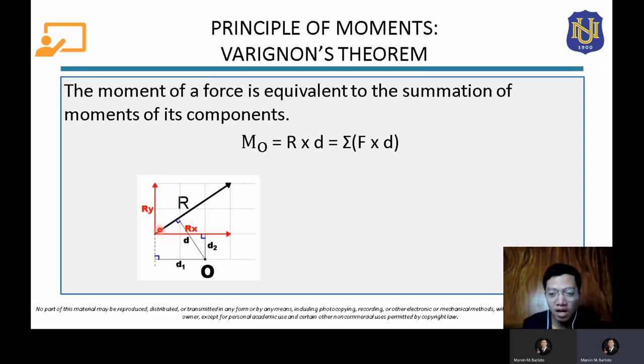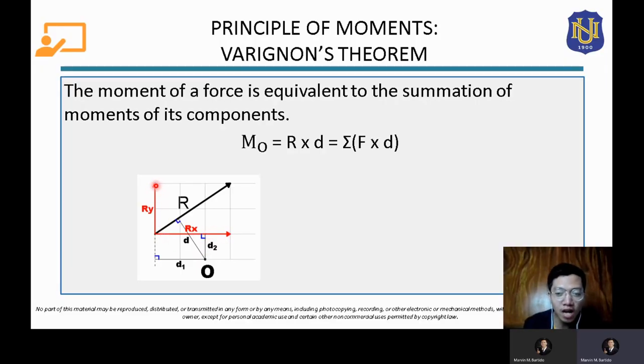These are the components of this force R. Let's say this component force Rx also has a moment about point O. If you want to solve for the moment of this horizontal component, its perpendicular distance will be this distance, which we name here as distance 2. That will be the perpendicular distance of this horizontal force.